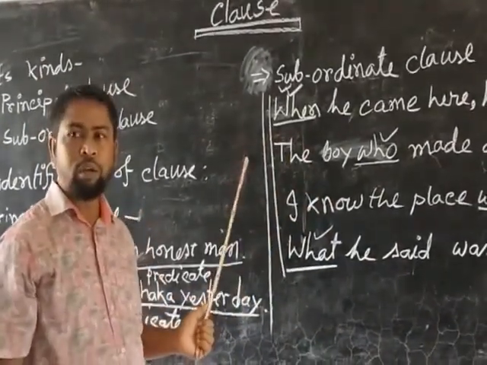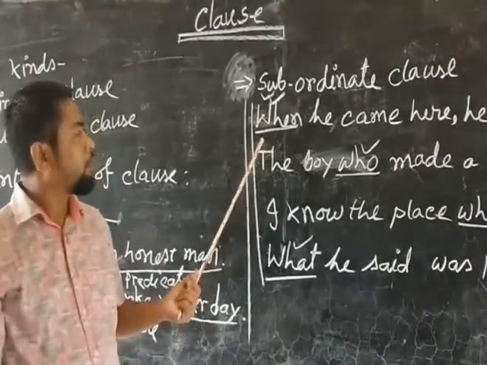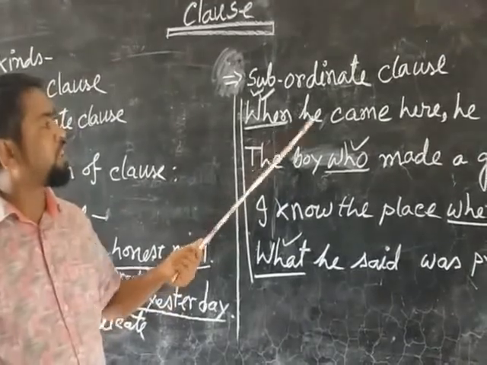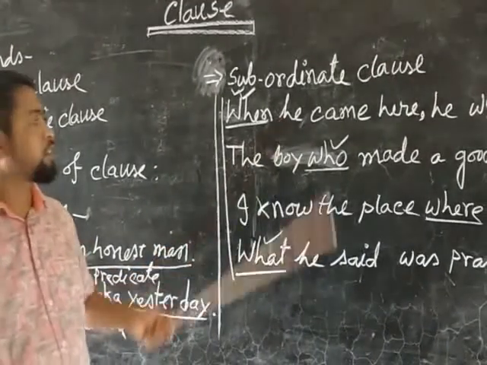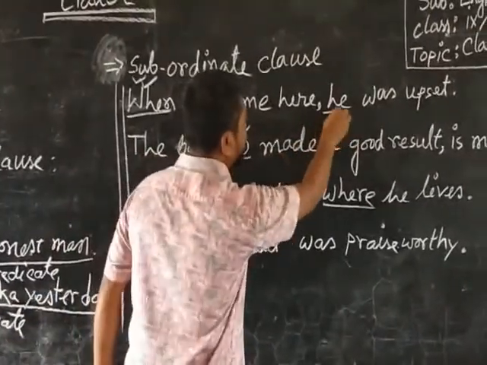Now look at the blackboard. Firstly, after the subordinating conjunction, we see two subjects: subject 1, subject 2.